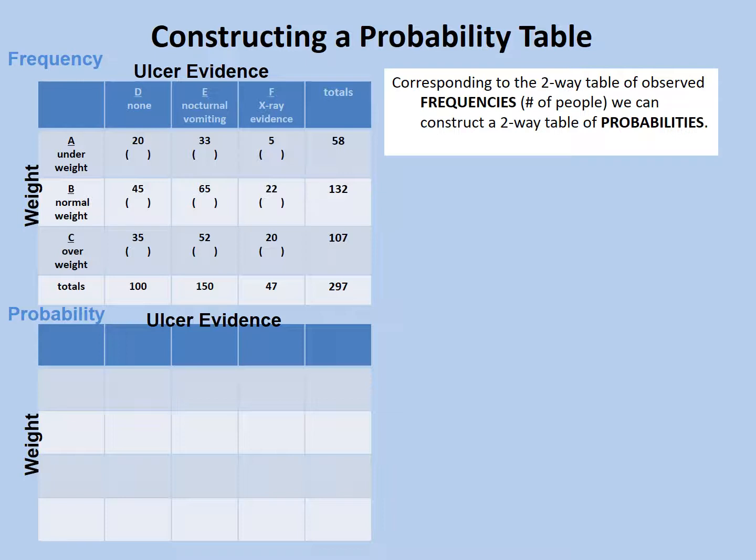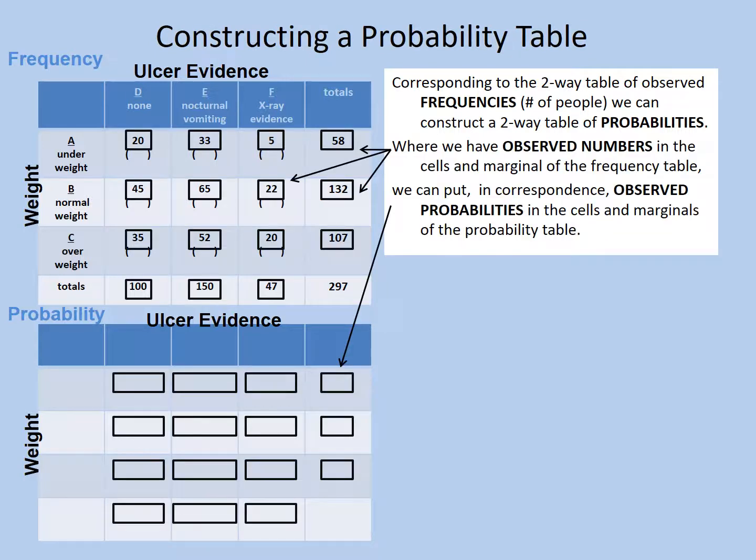Having now shown how to compute both observed and expected cell probabilities, we are now ready to construct a probability table for the entire data. So, corresponding to the two-way table of observed frequencies involving numbers of people, we can construct a two-way table of probabilities, where we have observed numbers in the cells and marginals of the frequency table.